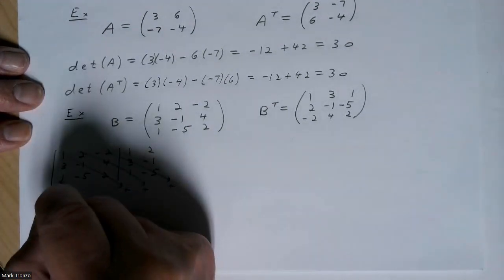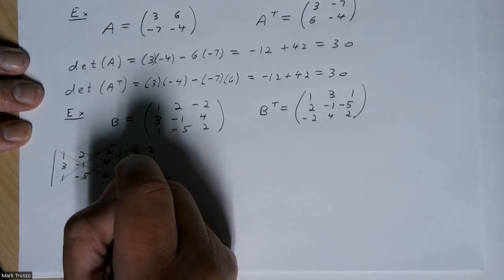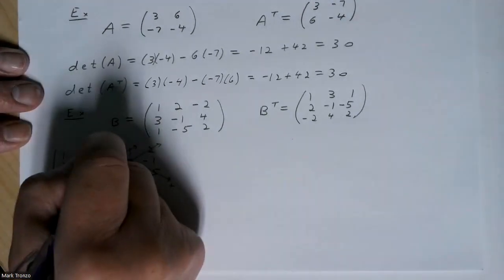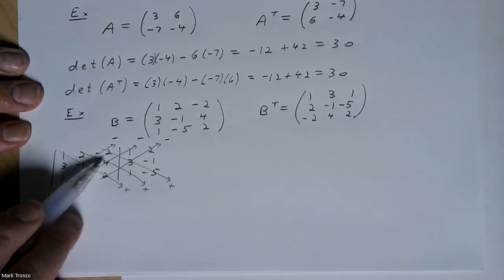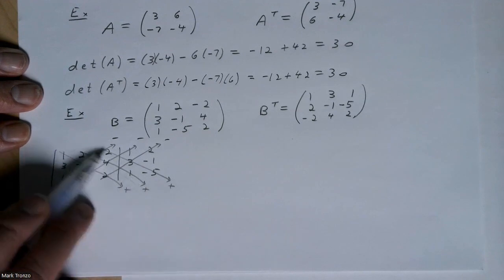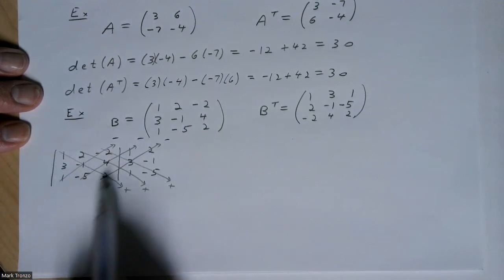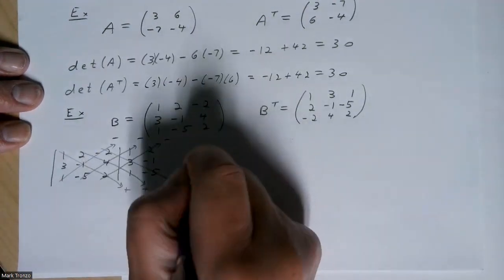And then start with the last row. Go up the diagonal like this. And these are all going to be negatives. So again, look at the first row, make arrows in the diagonal direction. Those are all positive. Then go to the last row, make arrows in the diagonal directions. And then what we want to do is multiply all these numbers.